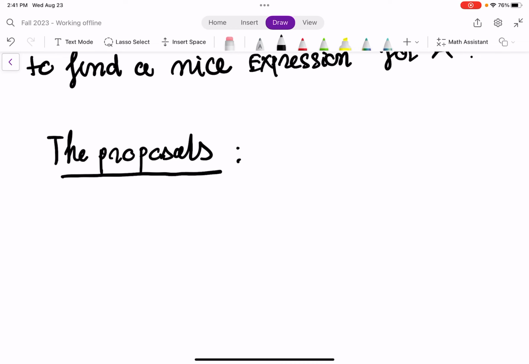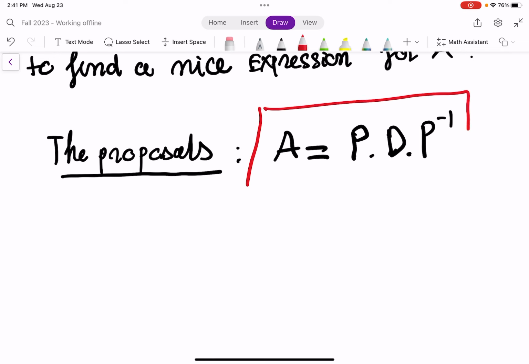The proposal is that I can turn matrix A into a matrix P times a diagonal matrix times P inverse, or P to the power of -1. Why is this the case? Let me make some definitions for you.